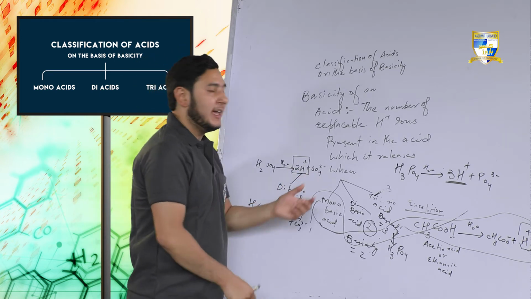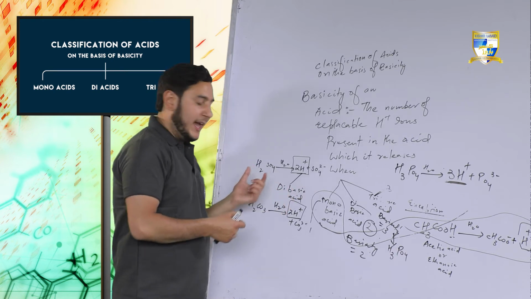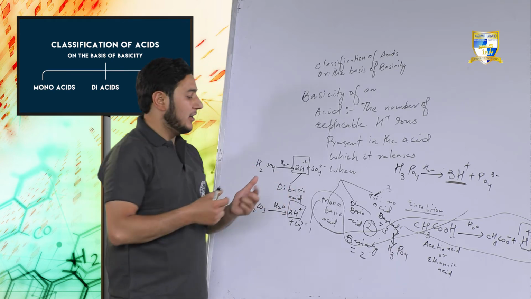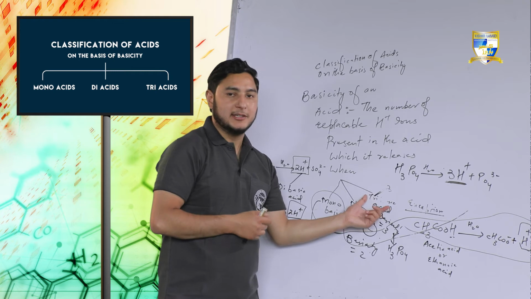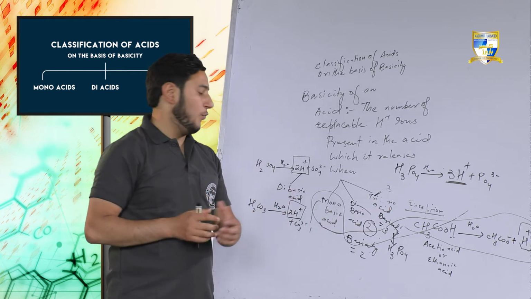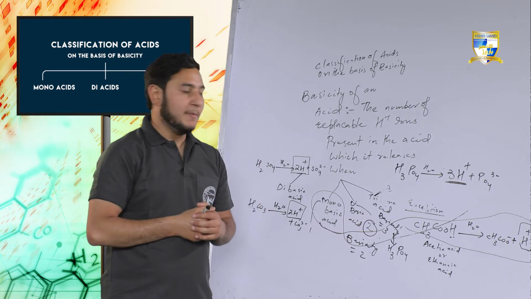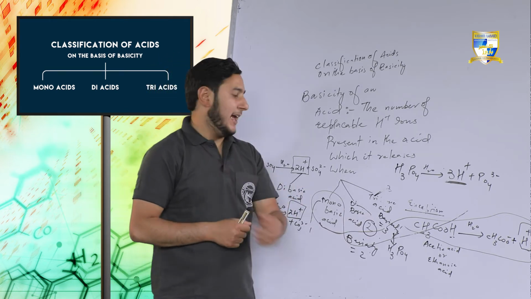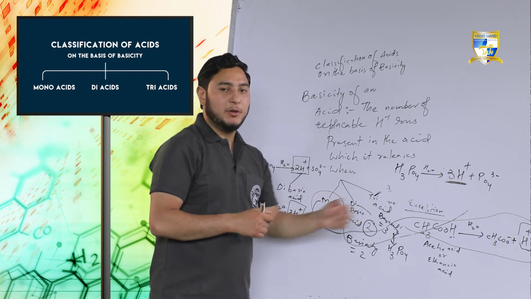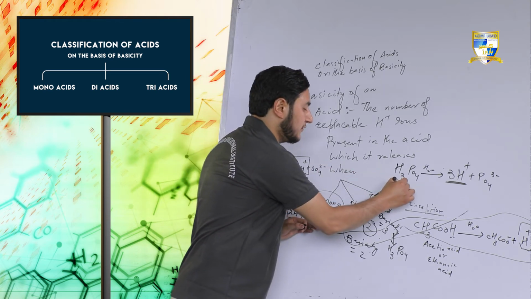The examples are H2SO4 and H2CO3. And the third one, the tribasic acids, are those where the basicity is 3, that is, the number of H+ ions released by the acid is 3, and the best example is H3PO4, also called phosphoric acid.